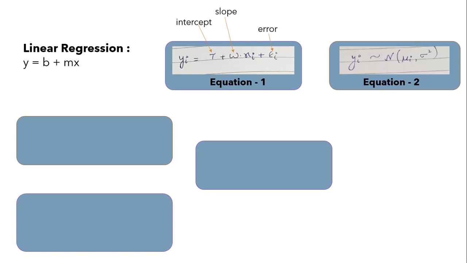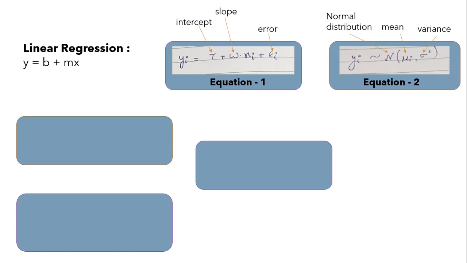Here we have defined that each observation yi follows a normal distribution with a mean and variance. Now, let's try to understand the meaning of this mean and variance in terms of the linear regression model. So guys, we know that the mean of a normal distribution is the most probable value for that random variable.